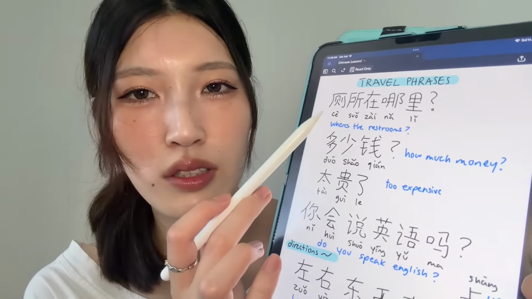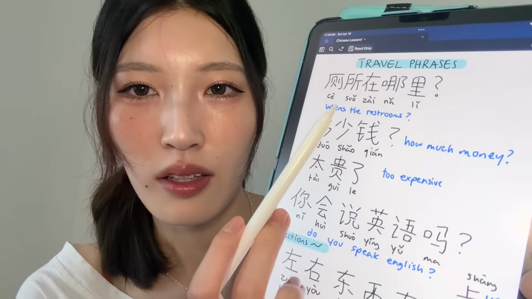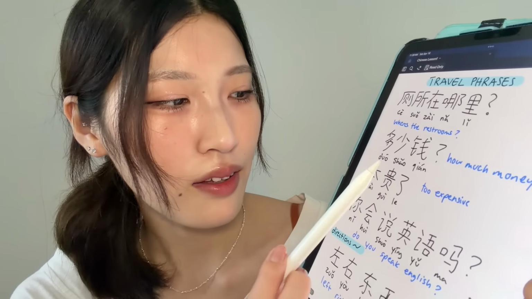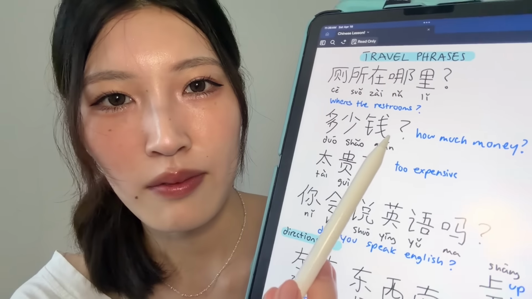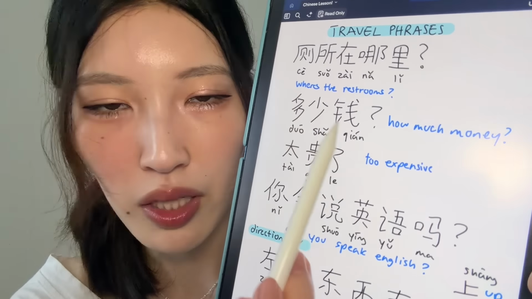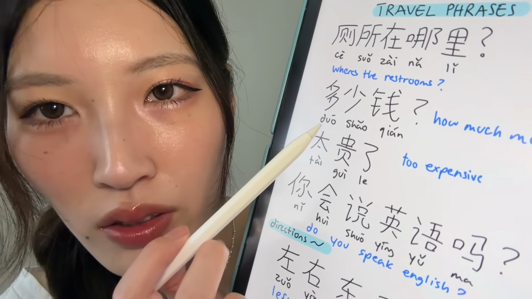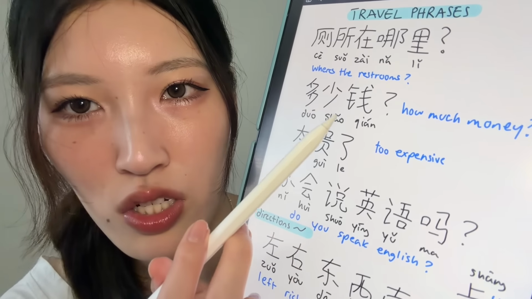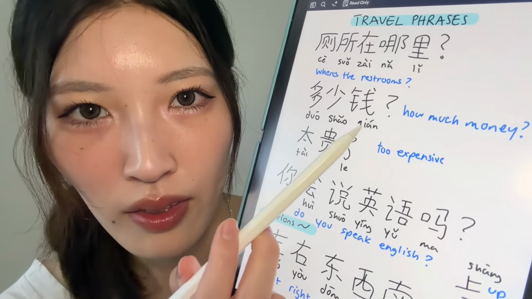Okay. 厕所在哪里? 多少钱？钱 refers to currency, money. Okay. 多少钱？ How much money? Okay. Repeat it after me. 多少钱？ Okay, good job.